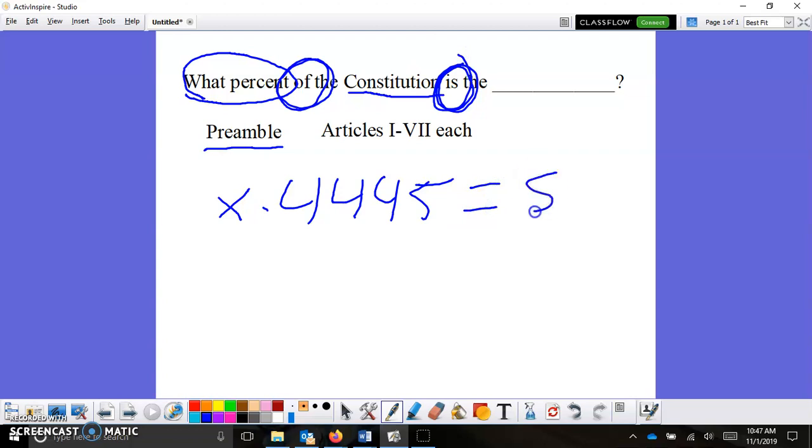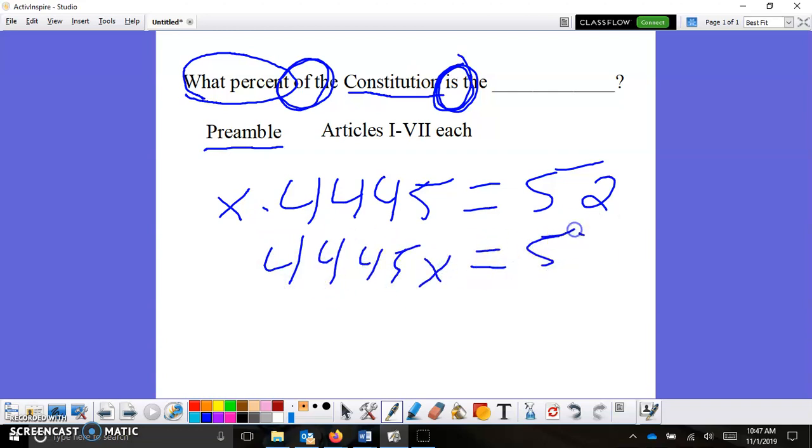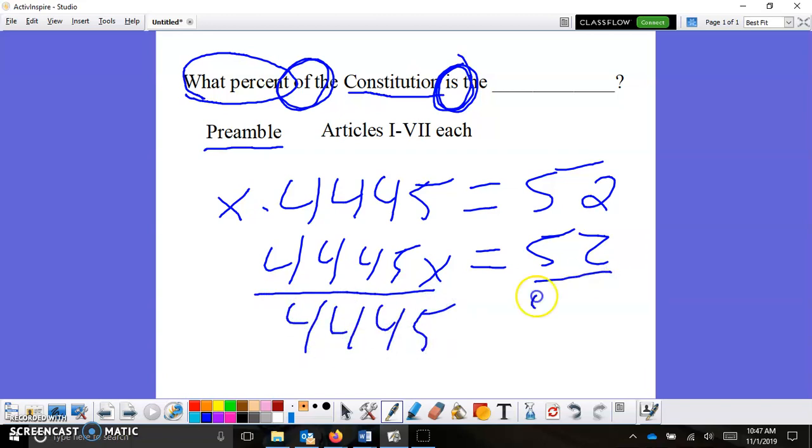And the preamble was 52. You can also write this as 4,445x equals 52. So now all you have to do is solve for x, right? You divide by 4,445. Divide by 4,445. And you will figure out what x is.